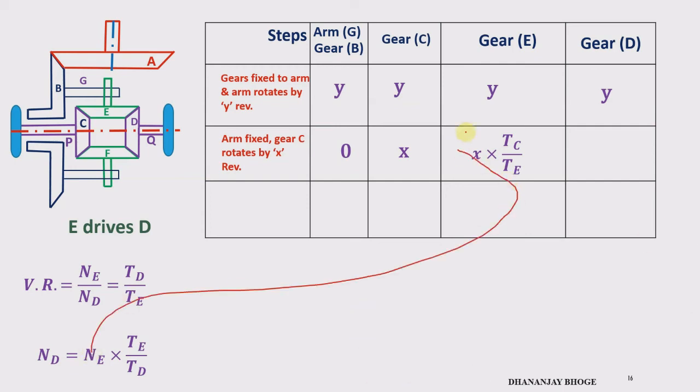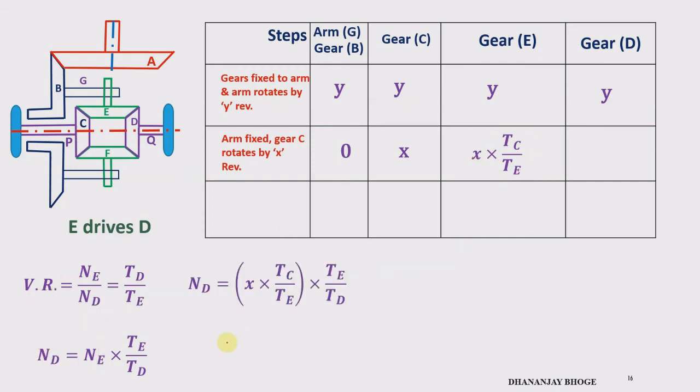So substitute the speed of Ne in the equation. Now tell me, Te in the numerator will cancel with Te in the denominator. The final equation for the speed of Nd will be X into Tc upon Td, right?